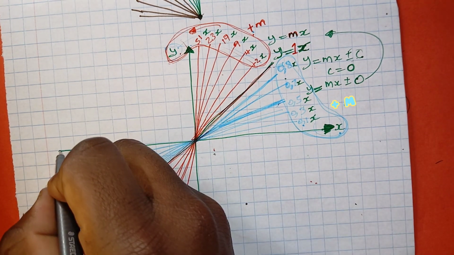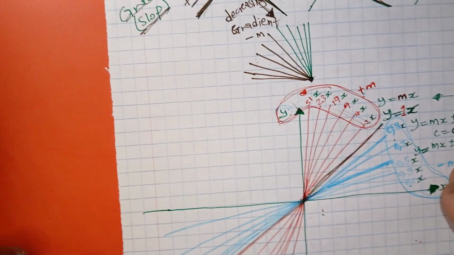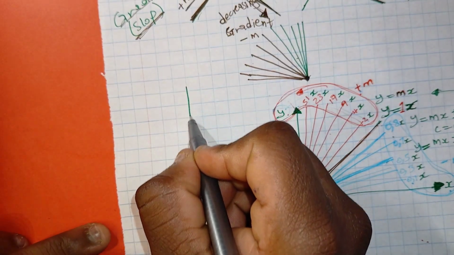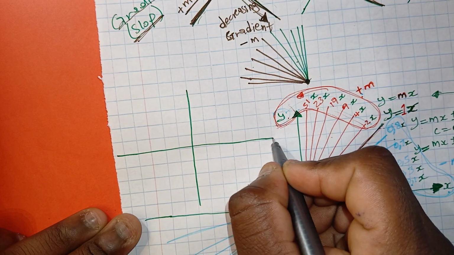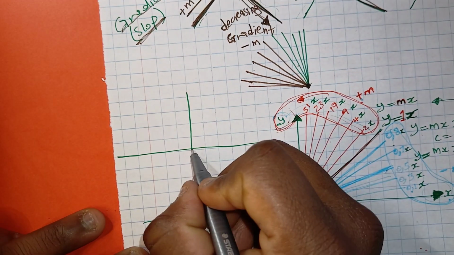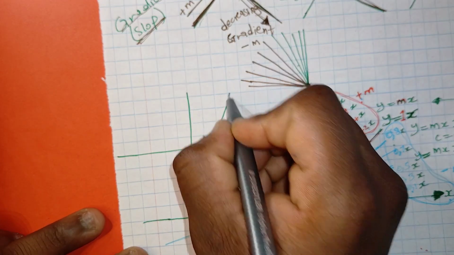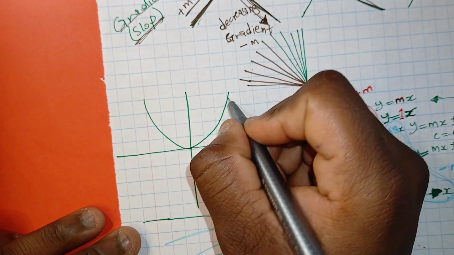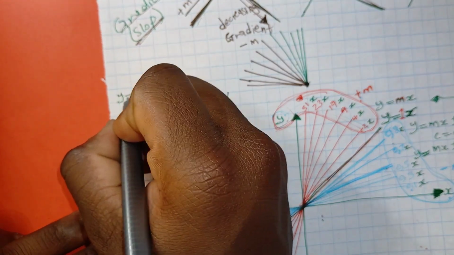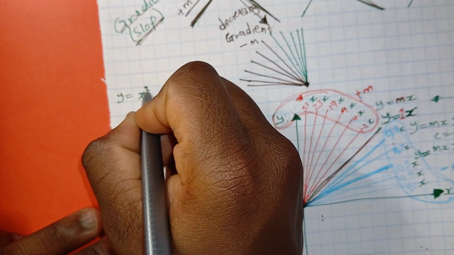Similarly for a parabola. So let's say this parabola, we are doing it here. So this one is the mother function for a parabola, which is represented by the equation y = x squared. Yeah.